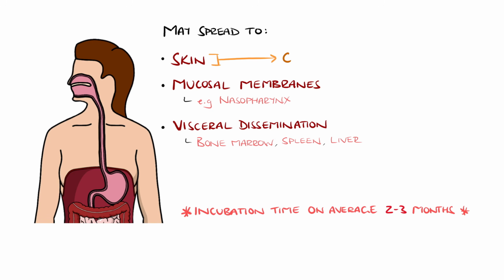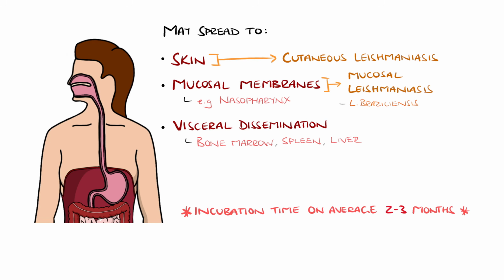It is divided into 2 main forms: cutaneous leishmaniasis, which is the most common and, as the name suggests, has skin involvement, though this then has further subtypes, including mucosal leishmaniasis, which is often considered a separate third form, primarily caused by Leishmania brasiliensis, and mostly affects the nasopharyngeal mucosa.